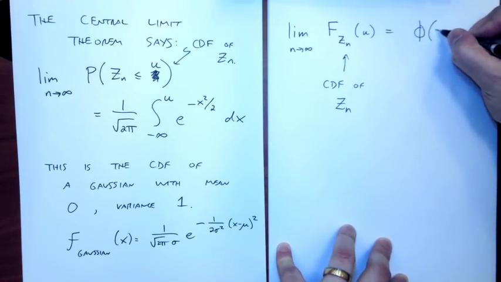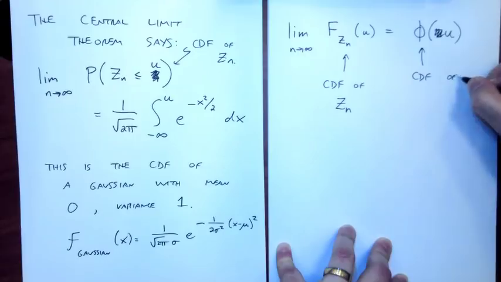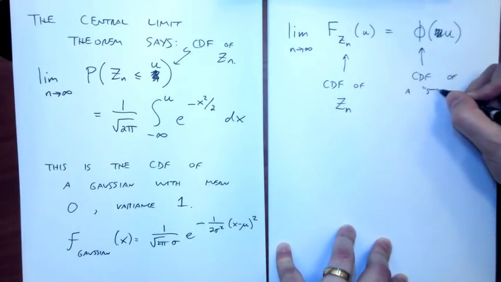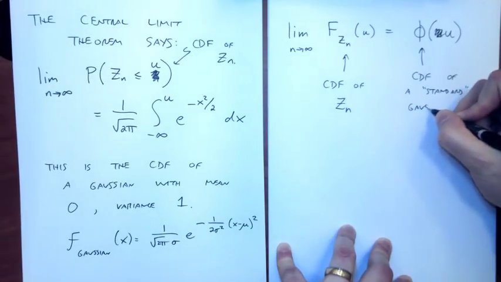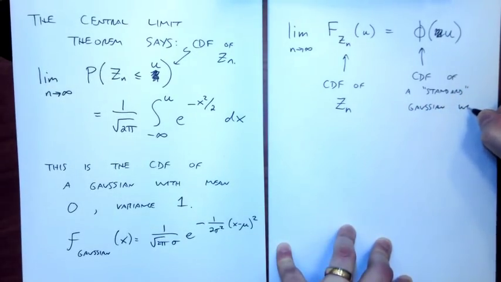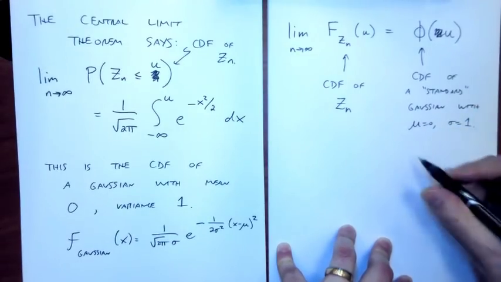This is the phi function, the CDF of what we call the standard Gaussian, with mean 0 and sigma equal to 1.